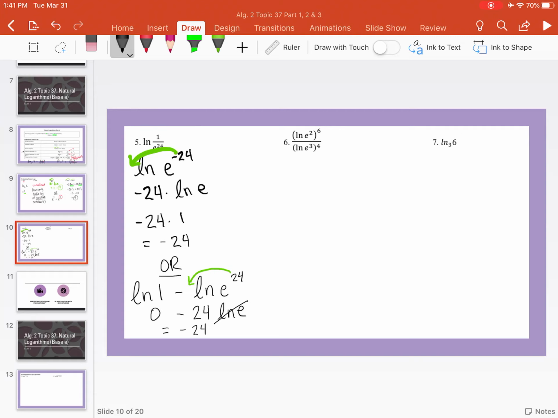For number 6, we have ln of e squared raised to the 6th power divided by ln of e cubed raised to the 4th power. So if I'm asked to simplify here, what do I notice first? Well, I notice that they both have ln of e, and I know that ln of e can be simplified.